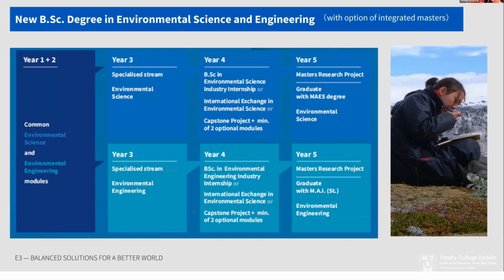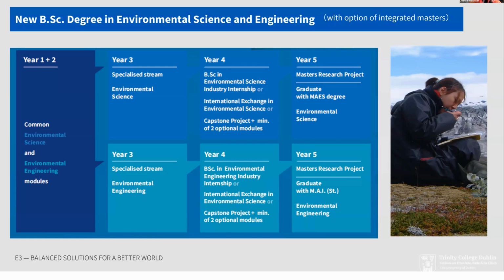In year 3, options open up. So the first 2 years are very foundational. There's not a lot of options. Year 3, loads of options come in. And depending on whether you're more interested in the environmental or the engineering stream, you choose predominantly from either of those cohorts.